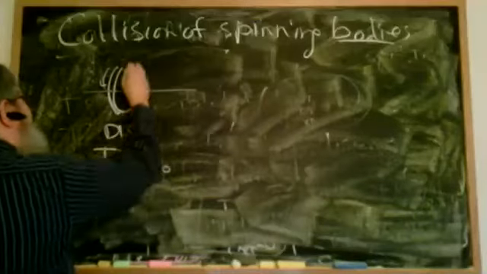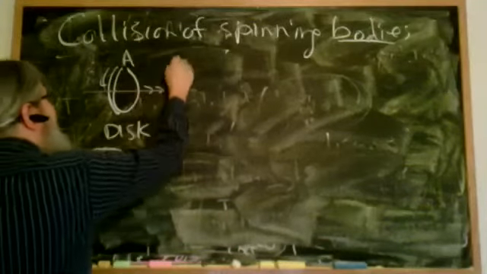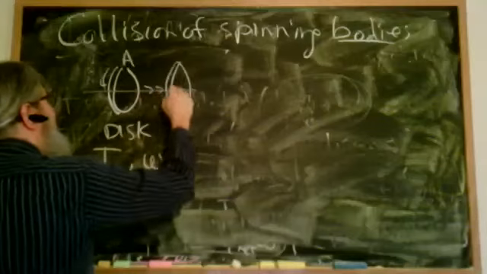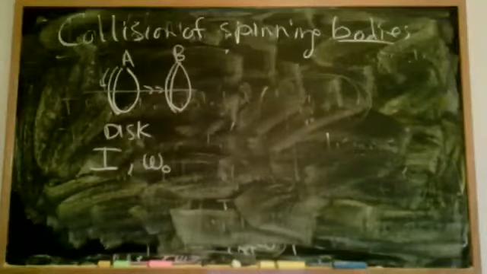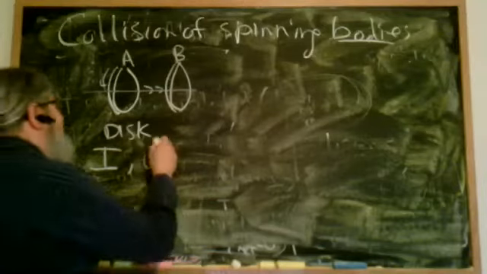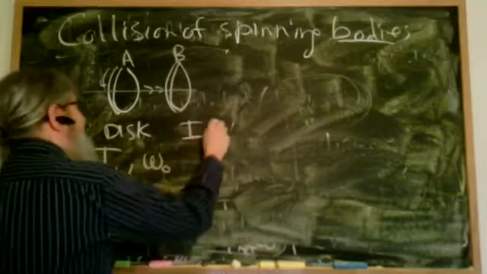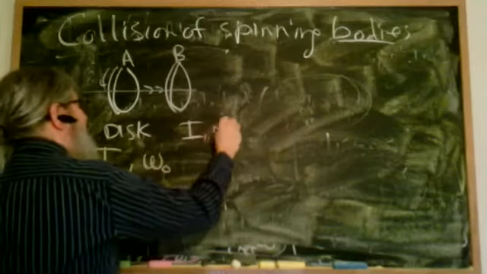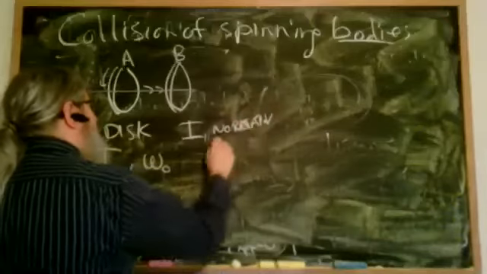And let's say that this is disk A, and that it drifts in and comes into contact with disk B. Now here I'm ignoring gravity, so imagine this is taking place in outer space. So here we have the same I, but we're going to say no rotation, right? And they collide.